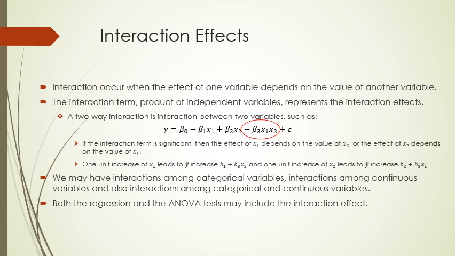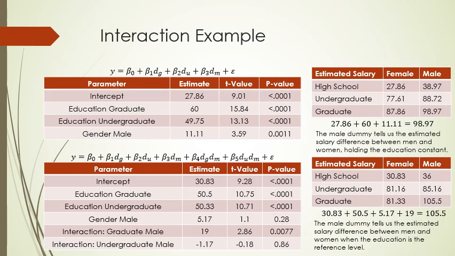We may have interactions among categorical variables, interactions among continuous variables, and interactions among categorical and continuous variables. Both the regression and the ANOVA tests may include the interaction effect. Let's check an example that may tell us how to interpret the interaction terms in a regression model.